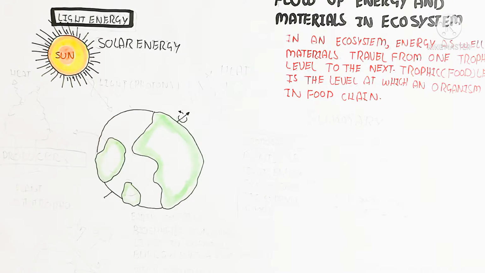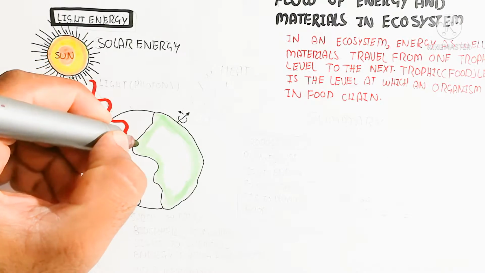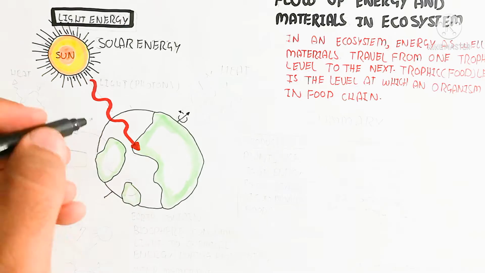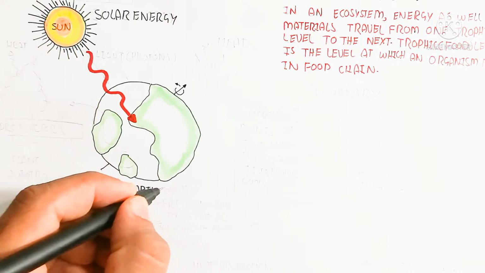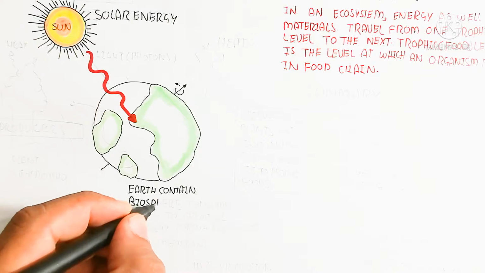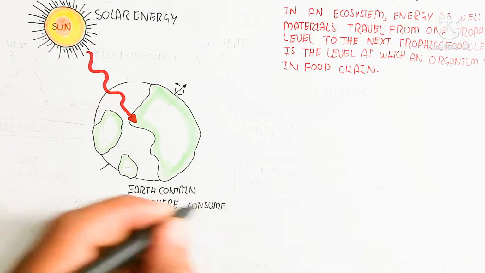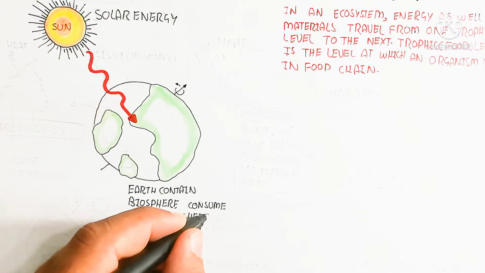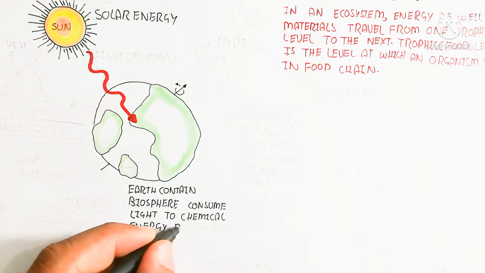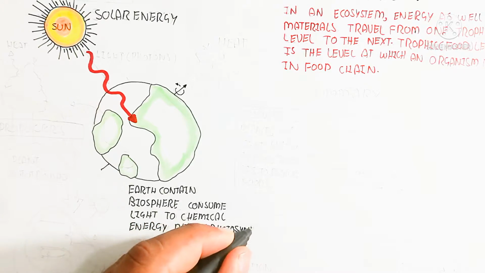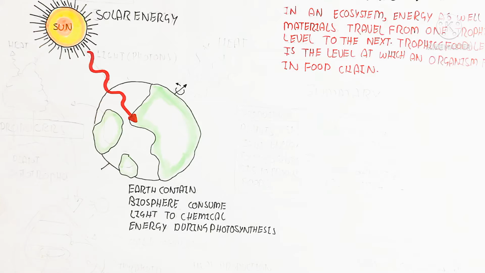Here the light falls on the earth in the form of light energy or solar energy, and it falls on the tree. Remember, only 1% of the light is captured, while the other light is emitted as heat in the universe.